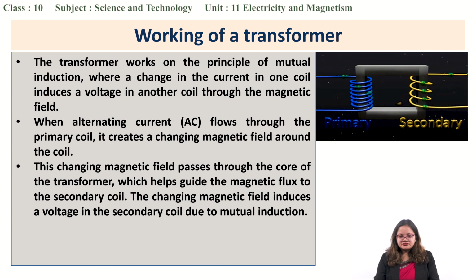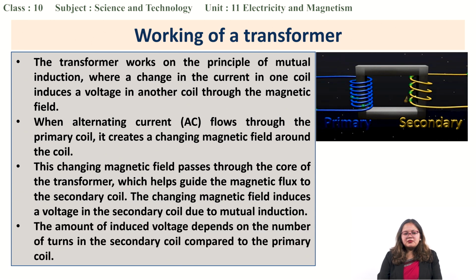Now, the amount of induced voltage depends on the number of turns in the secondary coil compared to the primary coil. About this working we already talked earlier. This is the theoretical part of the working of a transformer.